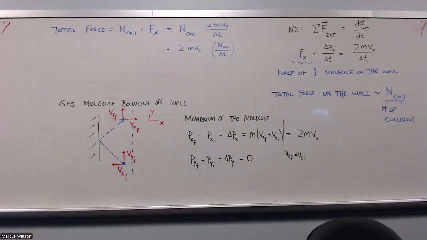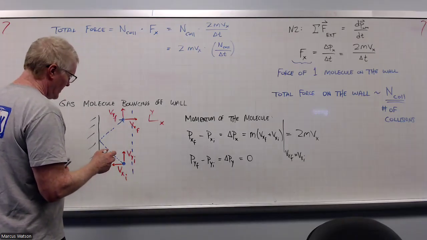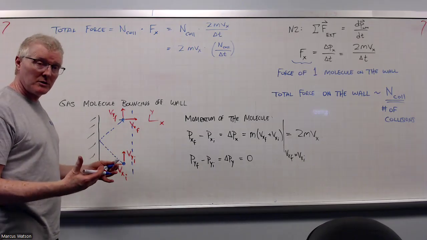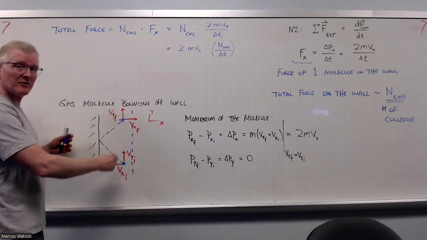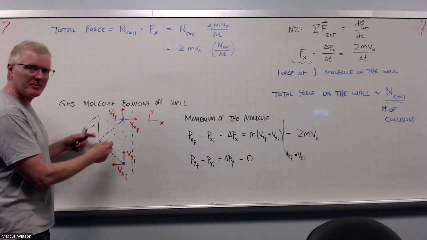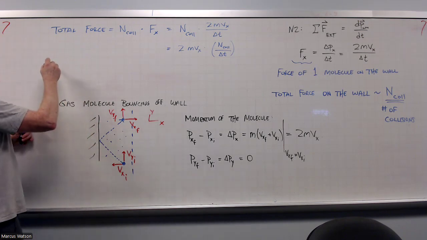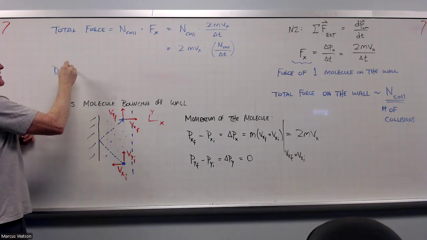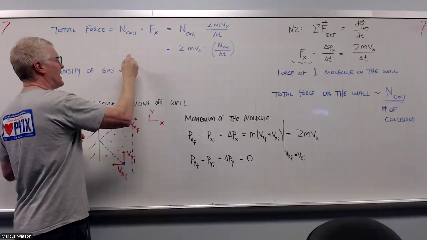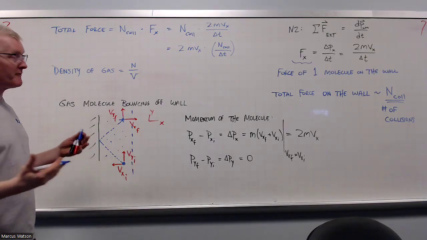So if I consider that there's a certain number of molecules in here per volume, I basically have a volume of molecules. I said I wasn't going to draw them all in, but you can imagine I've got a bunch of these in here. If I consider the density of molecules, or the density of the gas, as being equal to N over V, there's a certain number of molecules per volume.